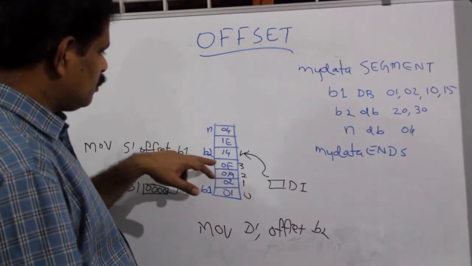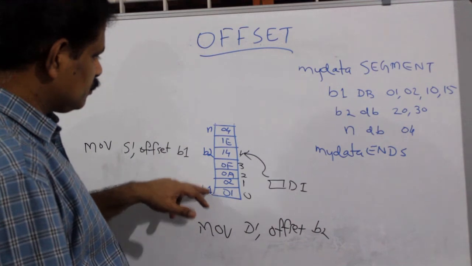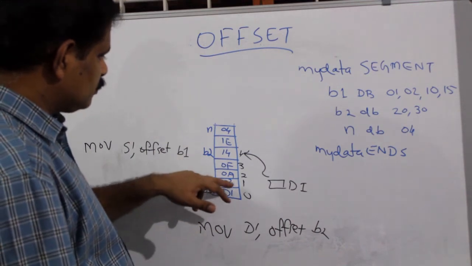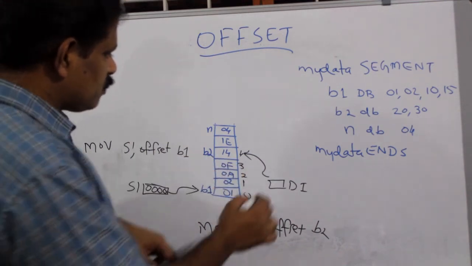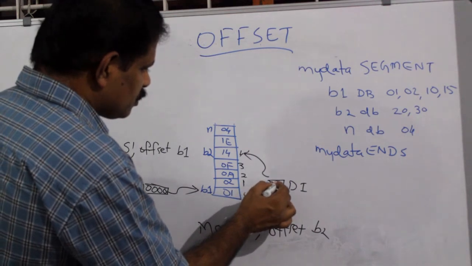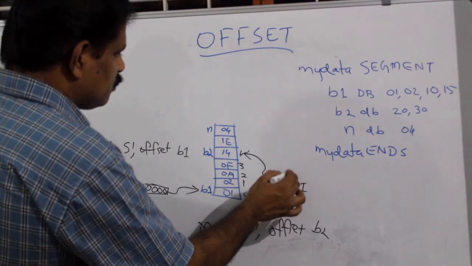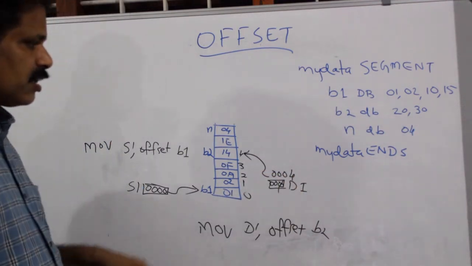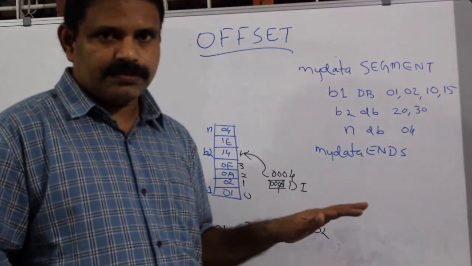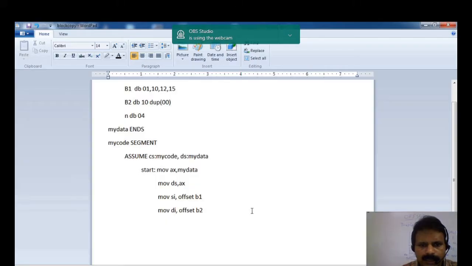See, the displacement of B2 from the beginning is 4. So DI will store 0, 0, 0, 4. This is the concept of offset. Now the SI register points to the block B1 and the DI register points to the block B2.